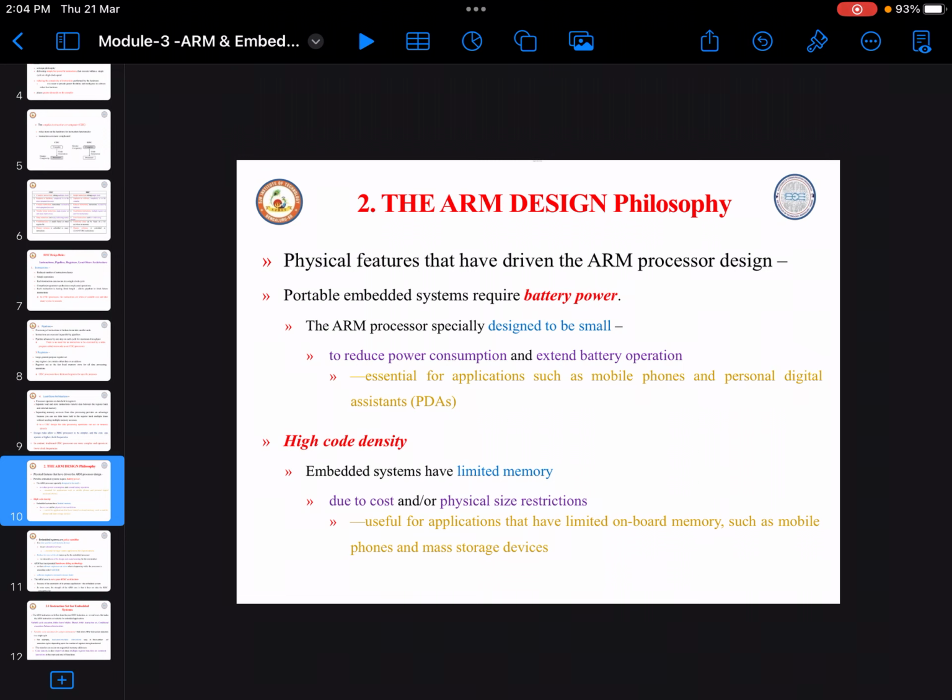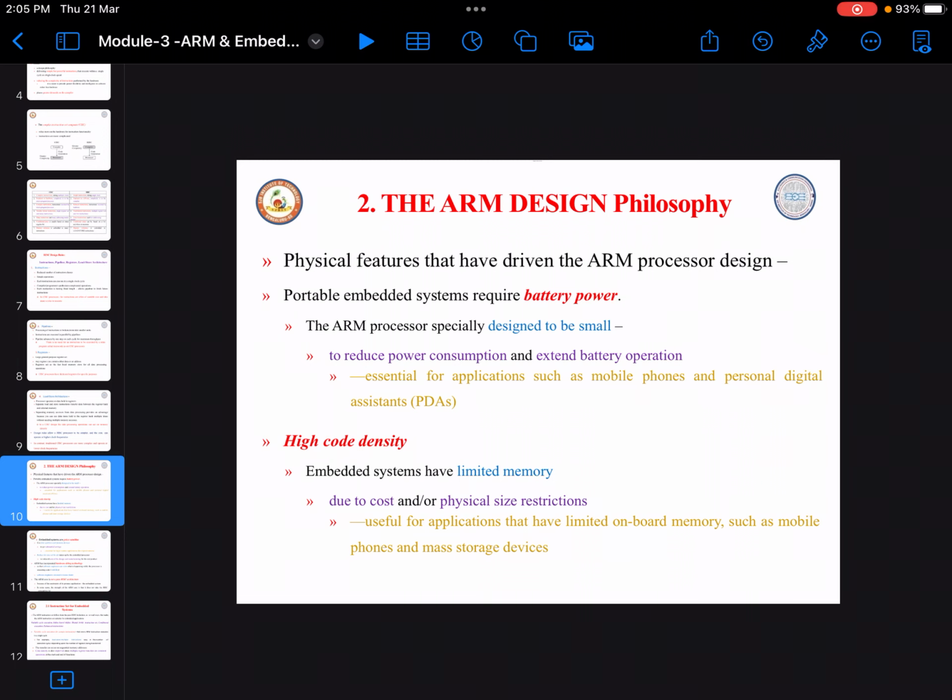Whatever ARM processor you use to design a small system, we expect reduced power consumption and extended battery operation. So the majority of applications like PDAs and mobile phones use small portable embedded systems, within which ARM is the preferable processor.